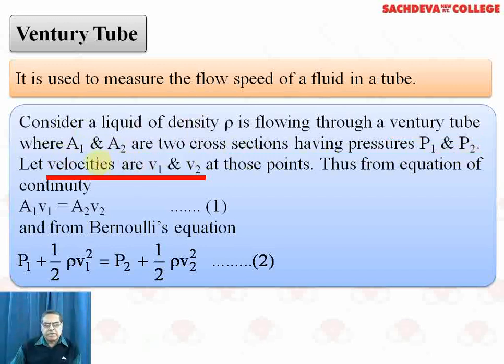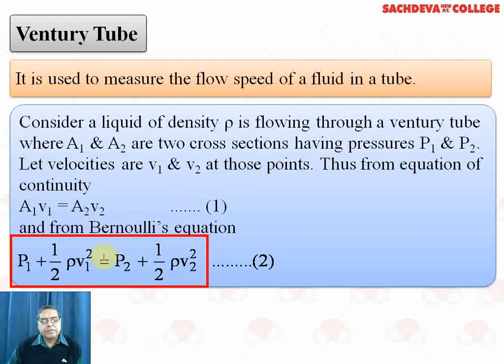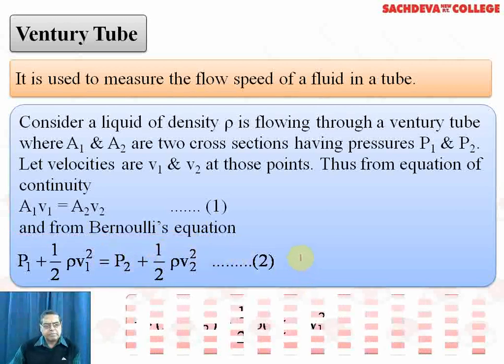Suppose the velocities at those points are V1 and V2. Thus from the equation of continuity, A1V1 = A2V2, and Bernoulli's theorem states that P1 + ½ρV1² = P2 + ½ρV2². That is the second equation.